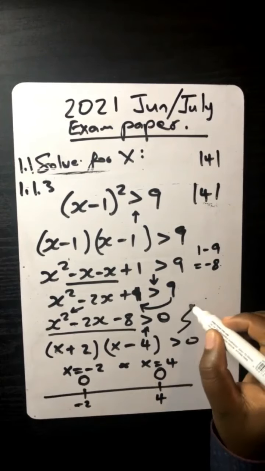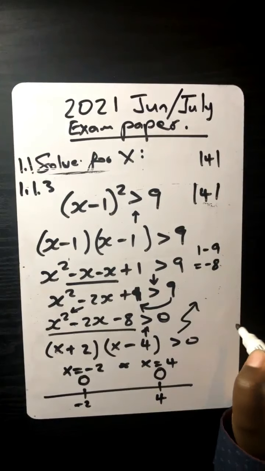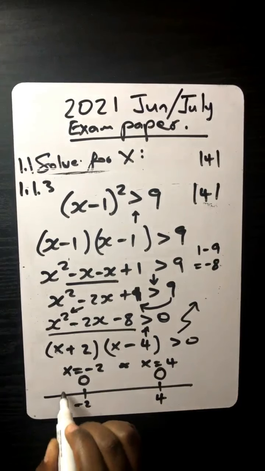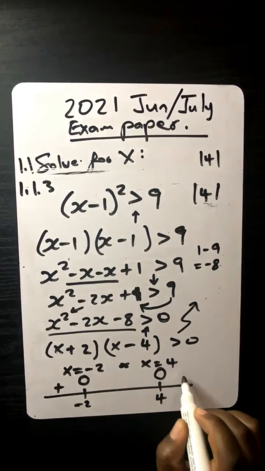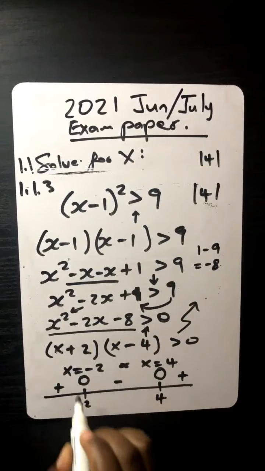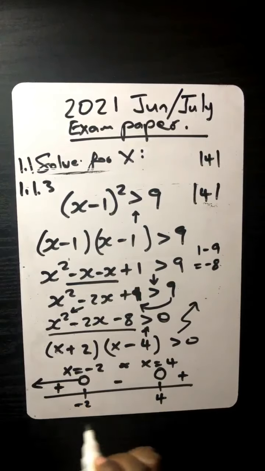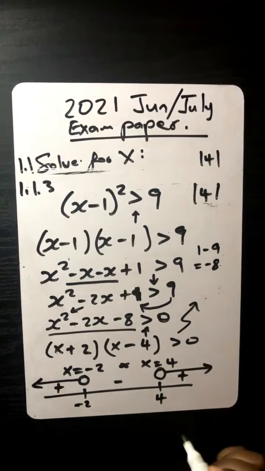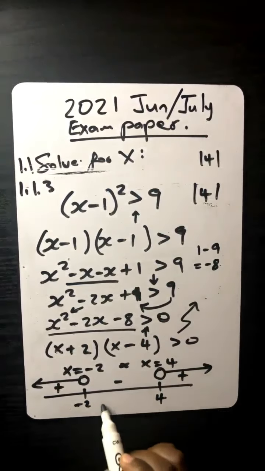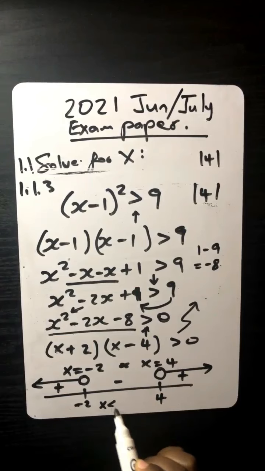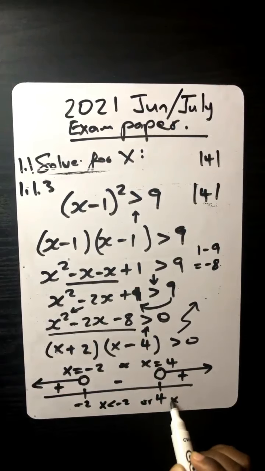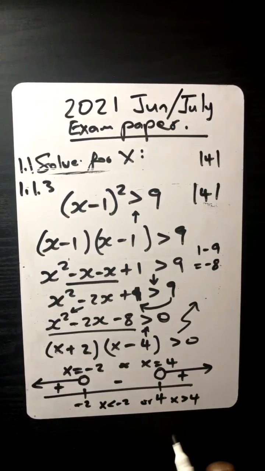From what I've noticed, if you've got a greater than, you are most likely to get positive values on this side, positive values on this side, and negative values in between, where you have your arrows in that direction. You can also confirm this, whereby your final answer is going to be x is less than negative 2, or x is greater than 4.